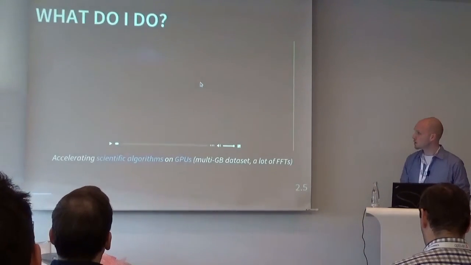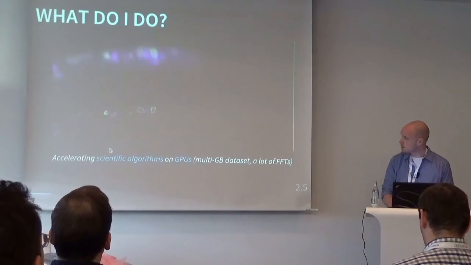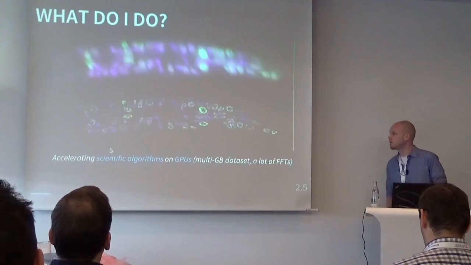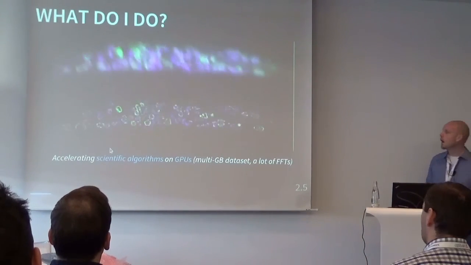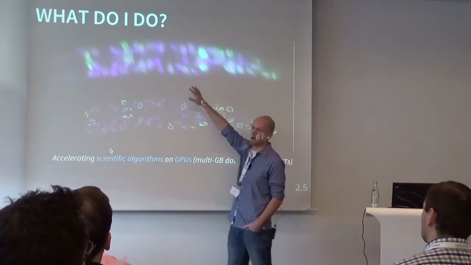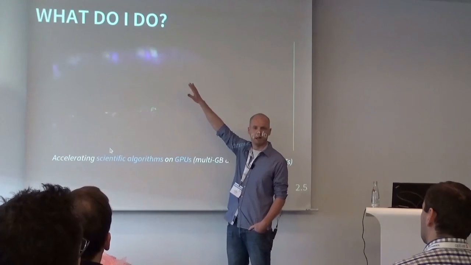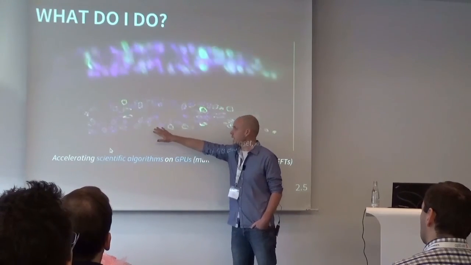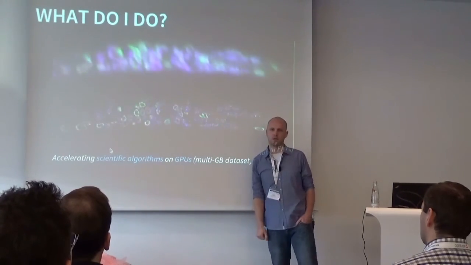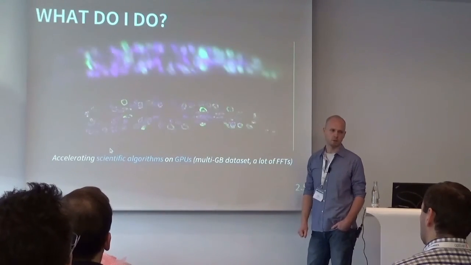Okay, so what do I do? Like really? So this is a video taken of a C. elegans cell under a microscope. The top view is the raw imagery that we get. Okay, this is how it comes out of the instrument. The bottom view is the same imagery after a deconvolution algorithm that I was asked to put on the GPU because it was too slow.